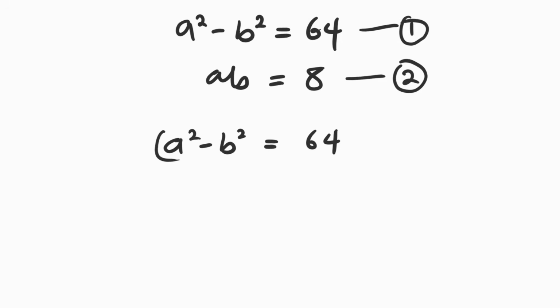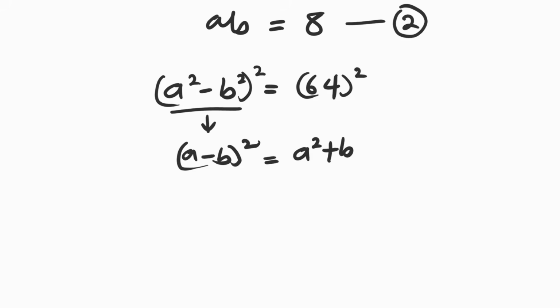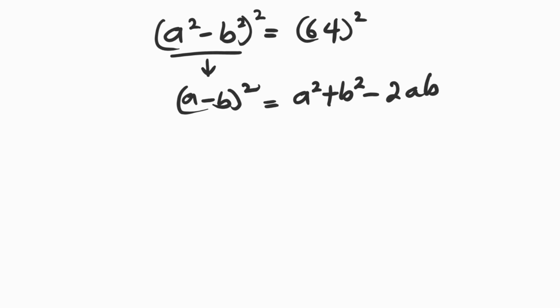Let's start with squaring both sides. If we square both sides, the left hand side is looking like a minus b squared, and we know that this is equal to a squared plus b squared minus 2ab. Now, our a is a squared and our b is b squared.